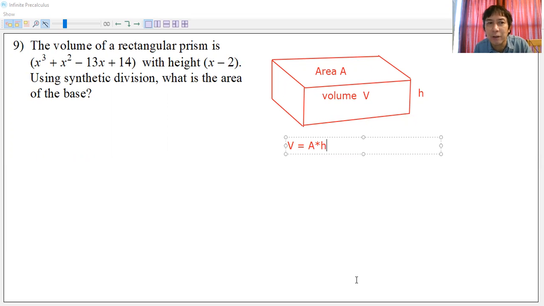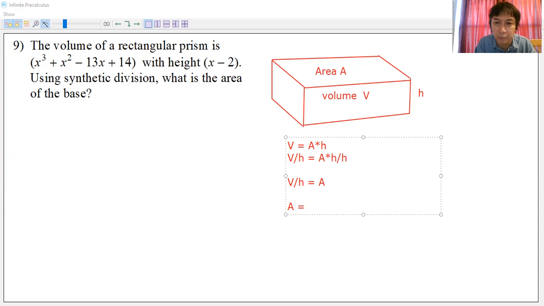How about getting the area? We're going to divide both sides by H. So V over H is equal to area times H divided by H. And so we'll be able to get V over H is equal to area, because this H cancels out with the H. So we have the formula for the area.